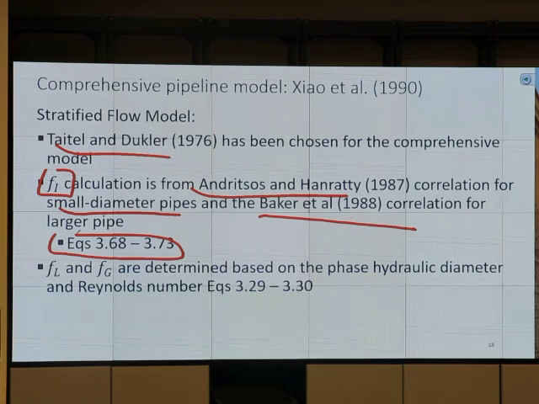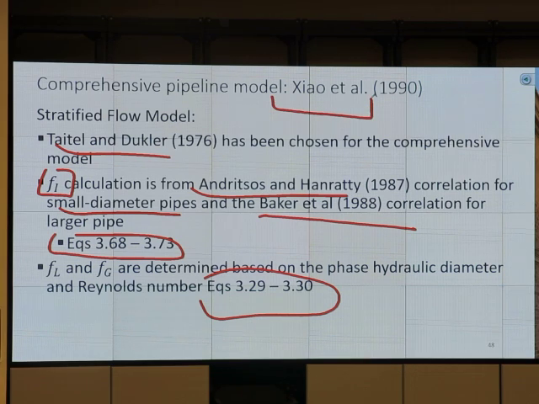F sub L and F sub G are determined based on phase hydraulic diameter and Reynolds number, the equation that we already studied. So when you ask me, hey, which friction factor is best? Use whatever Xiao et al. use.